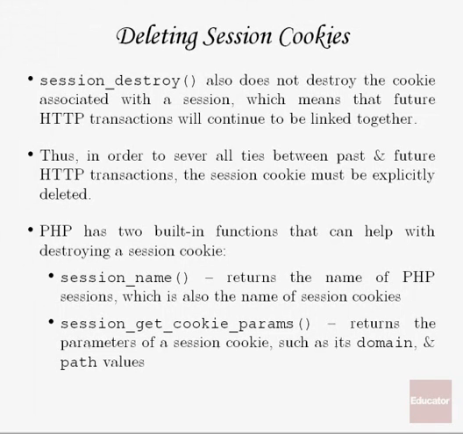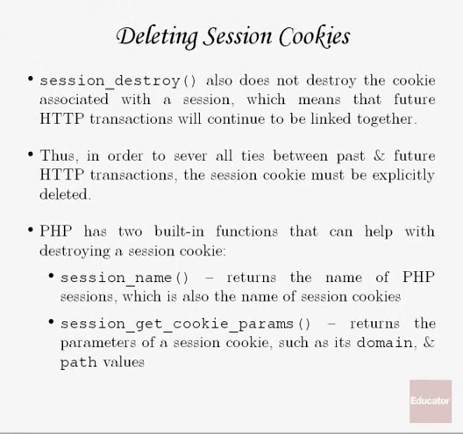So every time we continue to make requests to that website, unless that cookie is expired, our browser is still going to send that session cookie back to the web server. And so as far as our web server is concerned, it's still part of the same session, and it's going to link those things together. So session destroy actually doesn't destroy the session in that sense either, in that it doesn't cut that link between previous and future HTTP transactions.